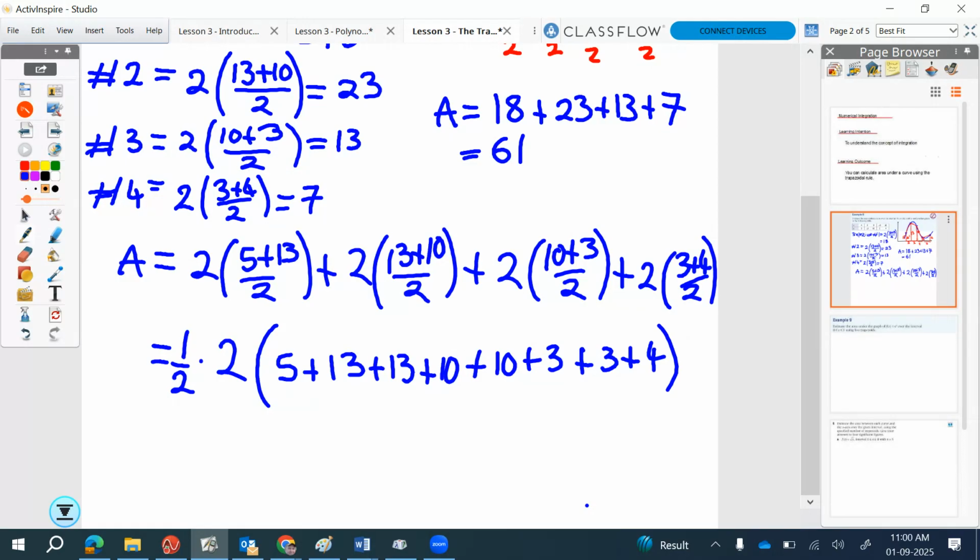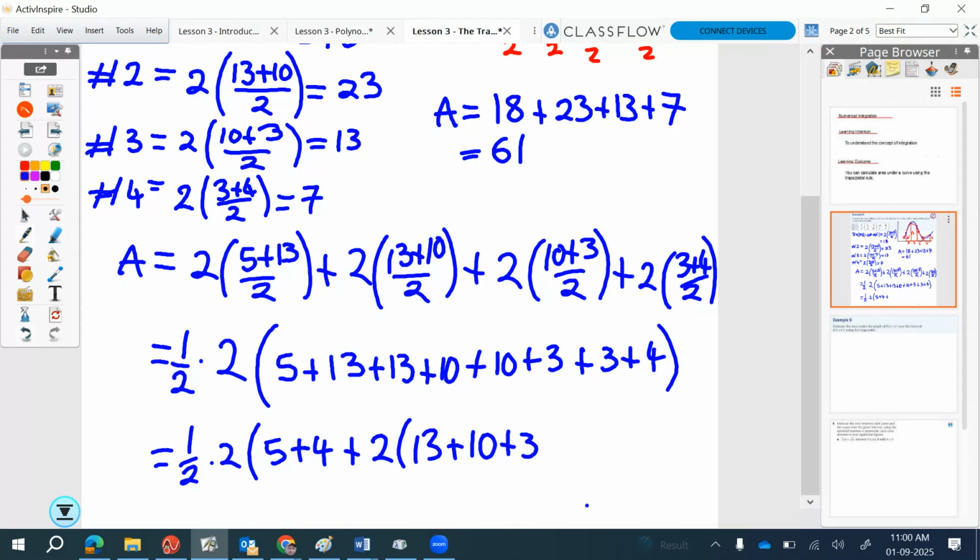So I'm going to take this last number here and this first number, move them to the front, then there are two lots of all the other numbers: 13, 10, and 3. Why are there two lots of all of these, but only one of these two?